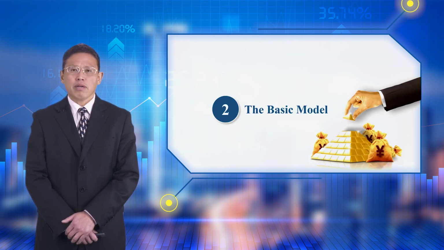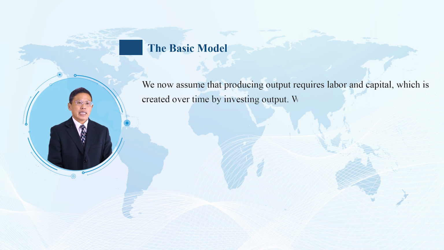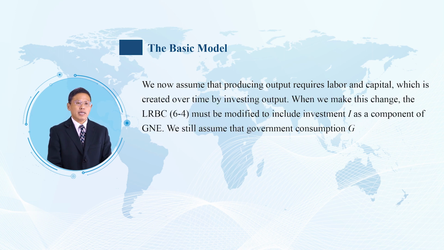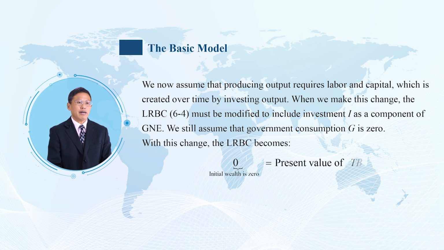2. The basic model. We now assume that production output requires labor and capital, which is created over time by investing output. When we make this change, the LRBC 6-4 must be modified to include investment as a component of GNE. We still assume that government consumption G is 0. With this change, the LRBC becomes 0 equals present value of TB.